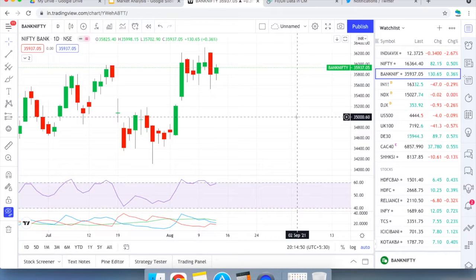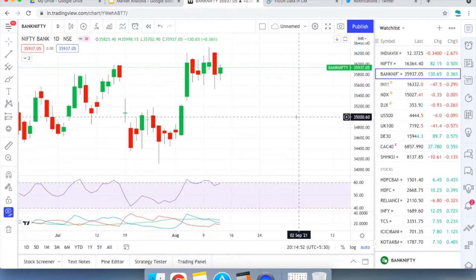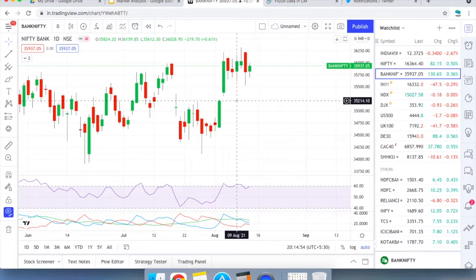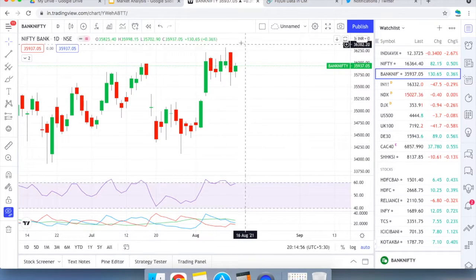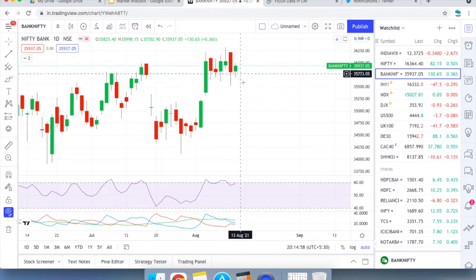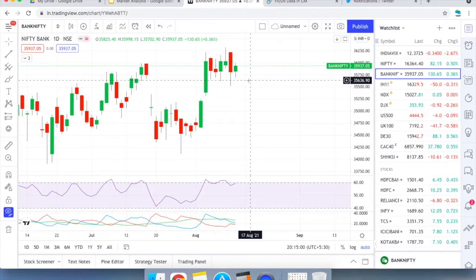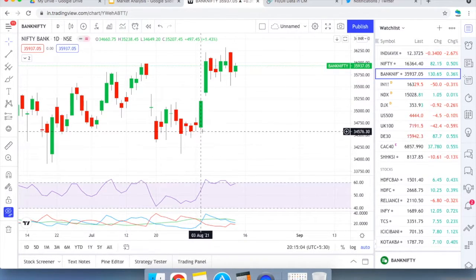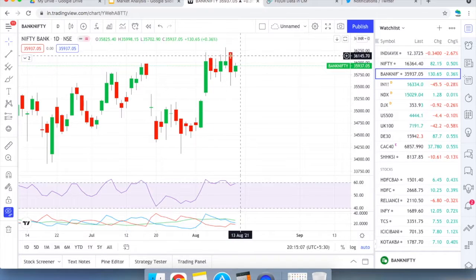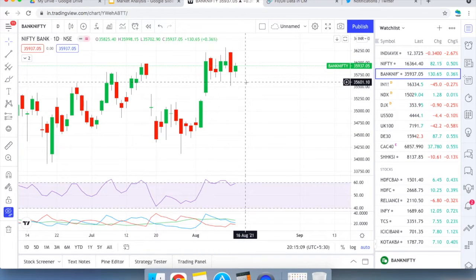Bank Nifty, what do you see here? It's still not there. The consolidation is still not completed because this is a bearish candle that you see, the large one, and this is the inside bar. So it means consolidation seems to be continuing. Still there is some kind of triangular or flag and pole kind of pattern that is there.